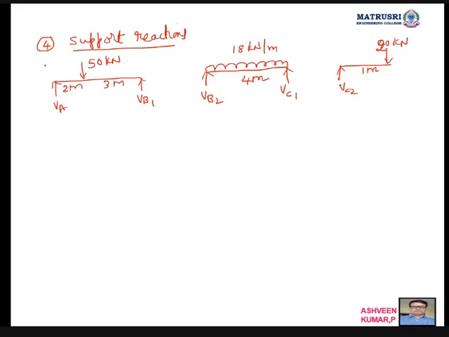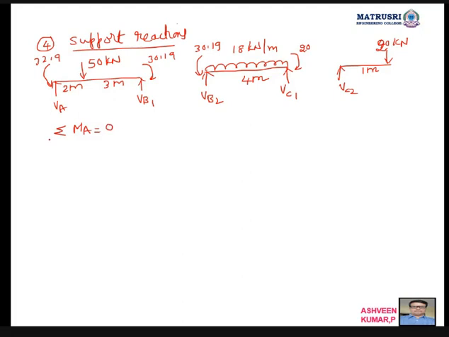So MA, how much you got? 32.9. MB, 30.19. Here 30.19. Okay, here how much you have taken? 20. Clear? Then we can go for sigma MA is equal to 0.